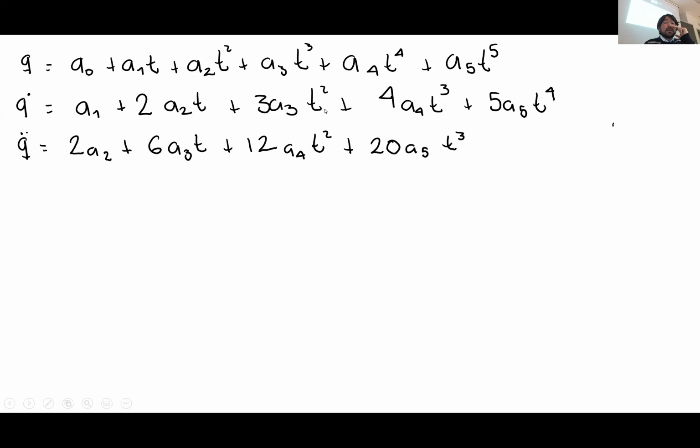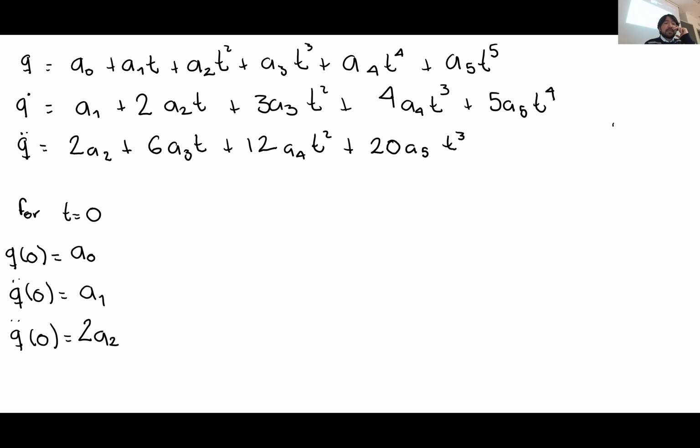For time equals 0, our equations reduce to this. We know all of these at q(0), which are our initial states. If we're starting from a state of zero motion, then our acceleration and our velocity are also 0. So we know all of these 3 values.